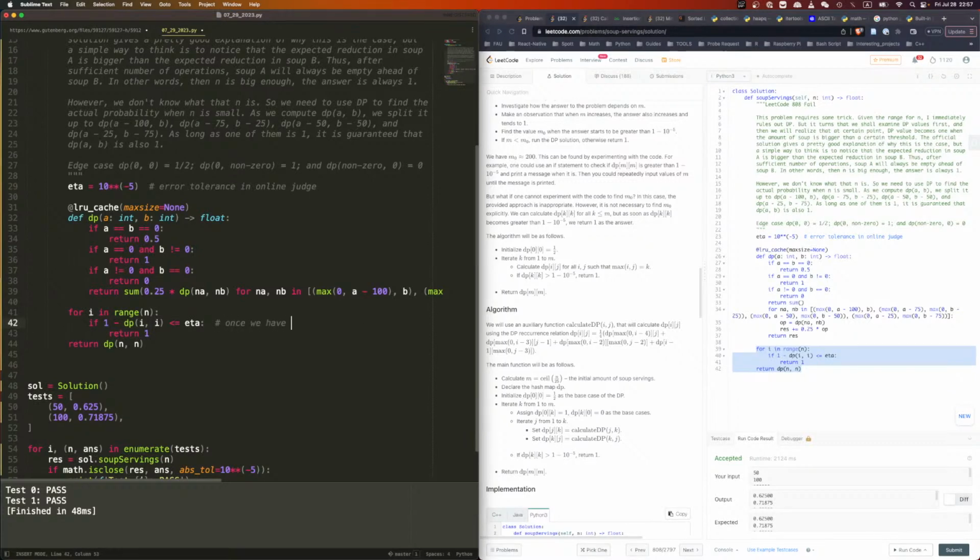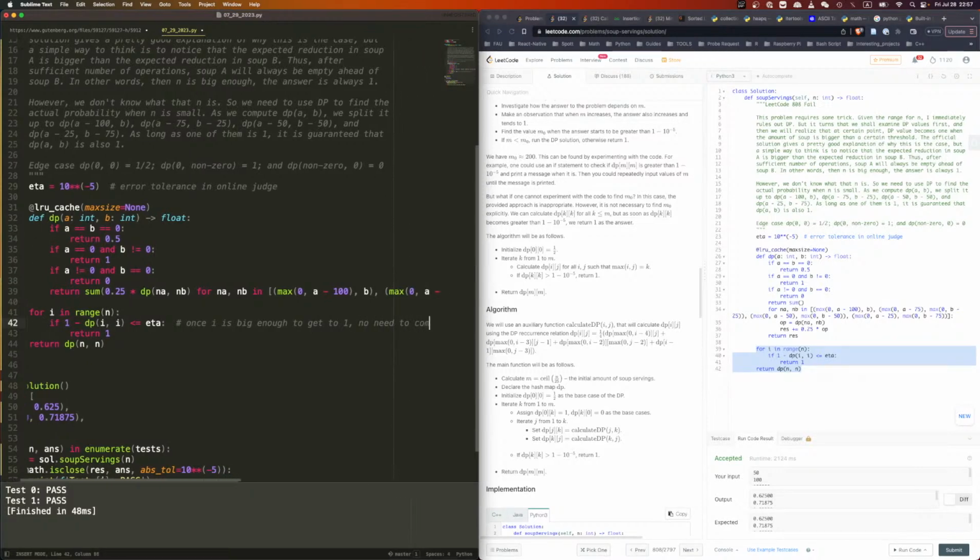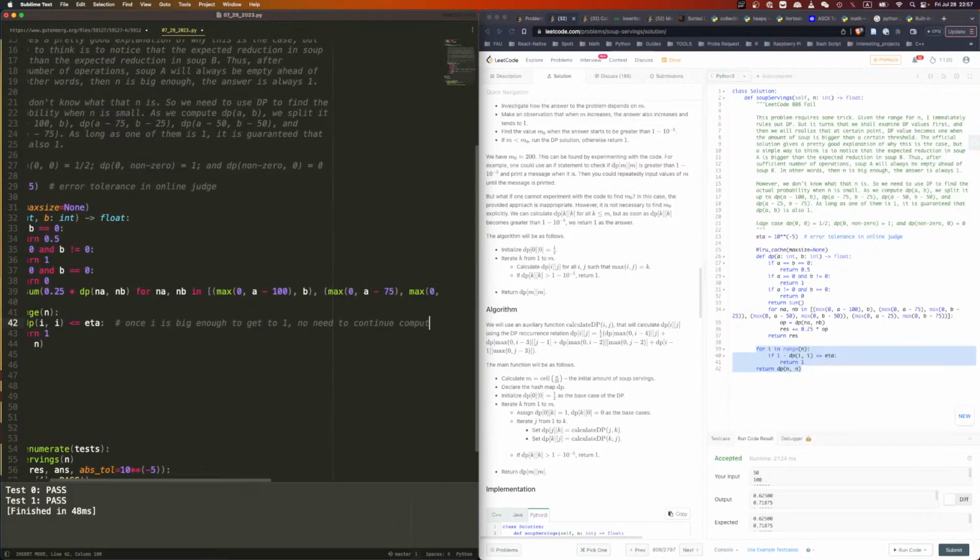Once we have reached the point where i is big enough to get to 1, no need to continue computation, continue the DP.